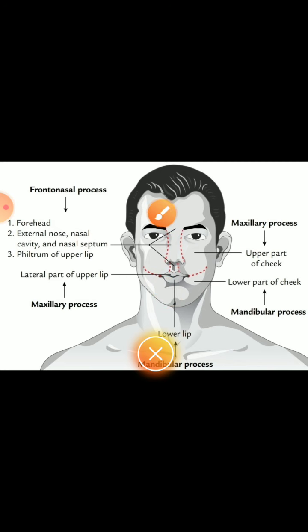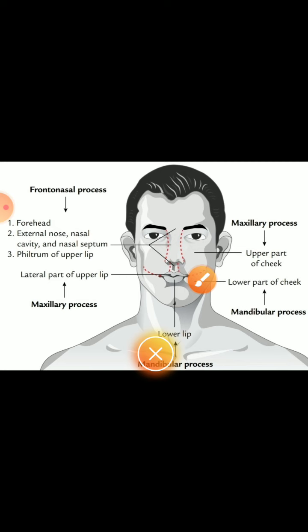So we'll follow once again: forehead, maxilla bone, and mandibular bone. The three major things that form the face are the forehead, the maxilla, and the mandible.